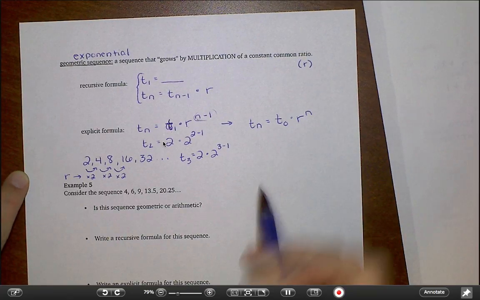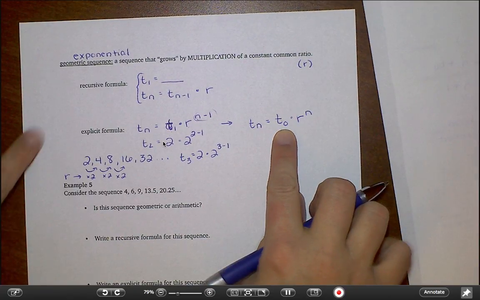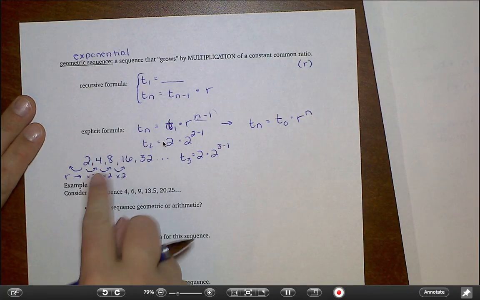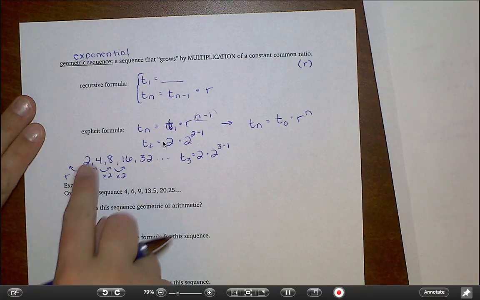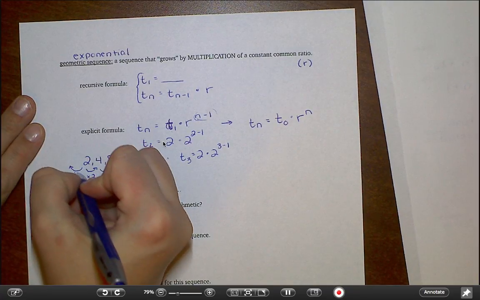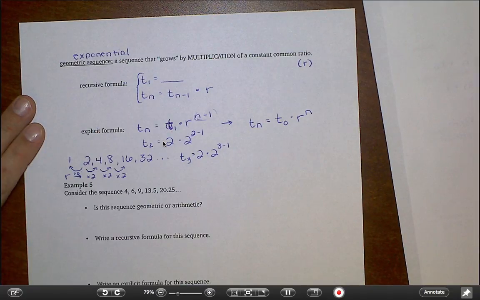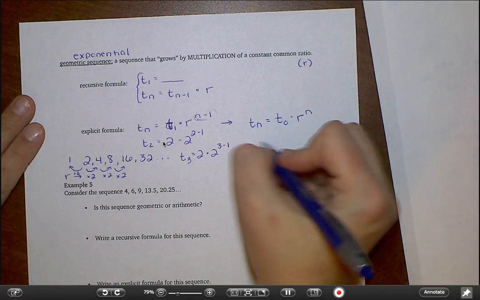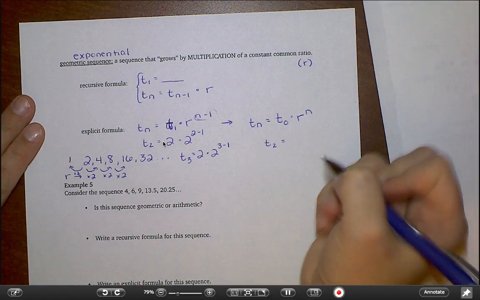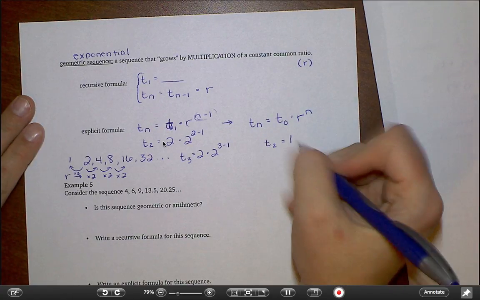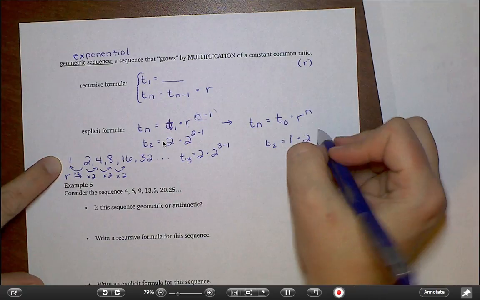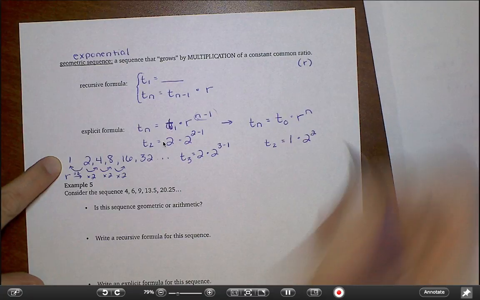You could also use term 0, which works the same way. If you're multiplying by 2 over and over again here, to get back to term 0, you would divide by 2. Sorry, I'm squeezing that in there. Your term 0 here would be a 1. So I could write this same formula, and I could say term 2 comes from taking 1, which is term 0, and multiplying it by 2 two times.